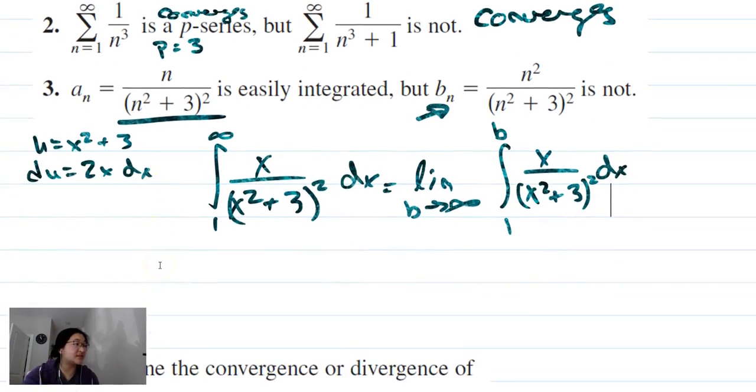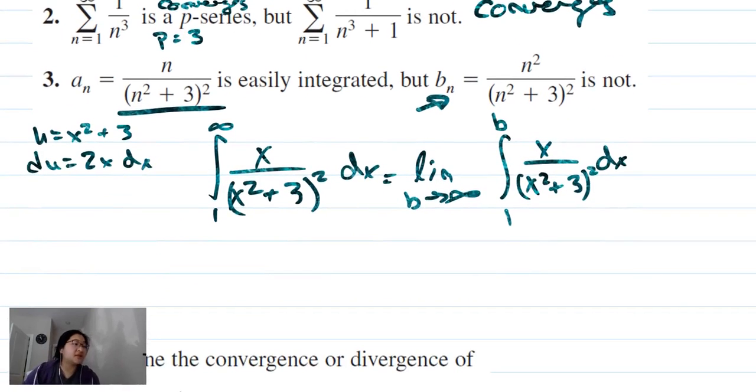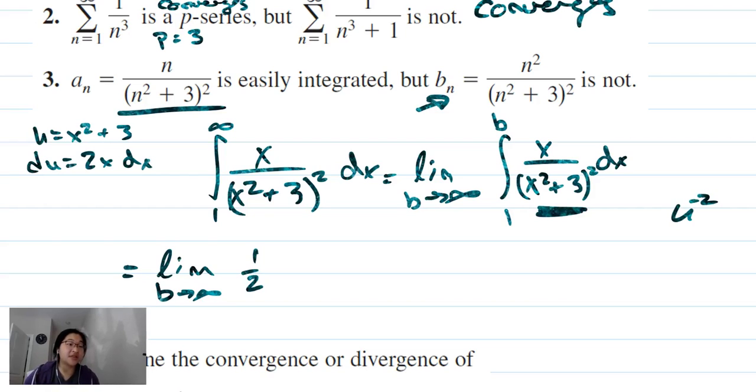And what does that give us? We get this equals the limit as b approaches infinity of, well, this is going to be 1/2, and then this is going to be u squared in the denominator, so u to the negative 2.